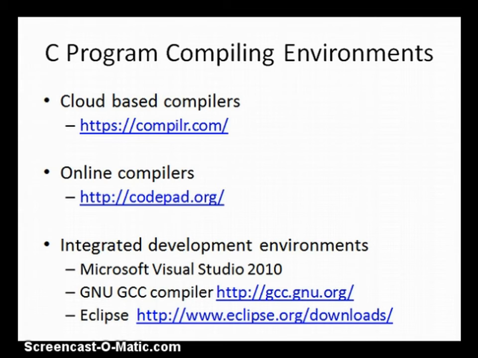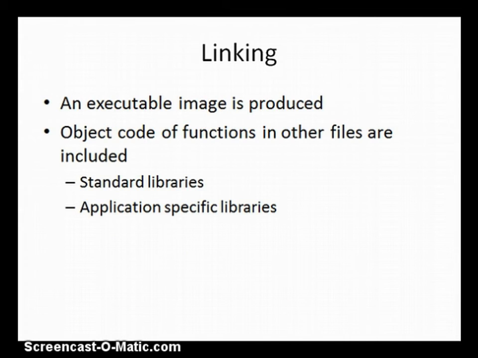The next stage is the linking stage, and at this linking stage, what we do is that an executable image is produced. What do we mean by executable image? That we produce the executable file of our program.